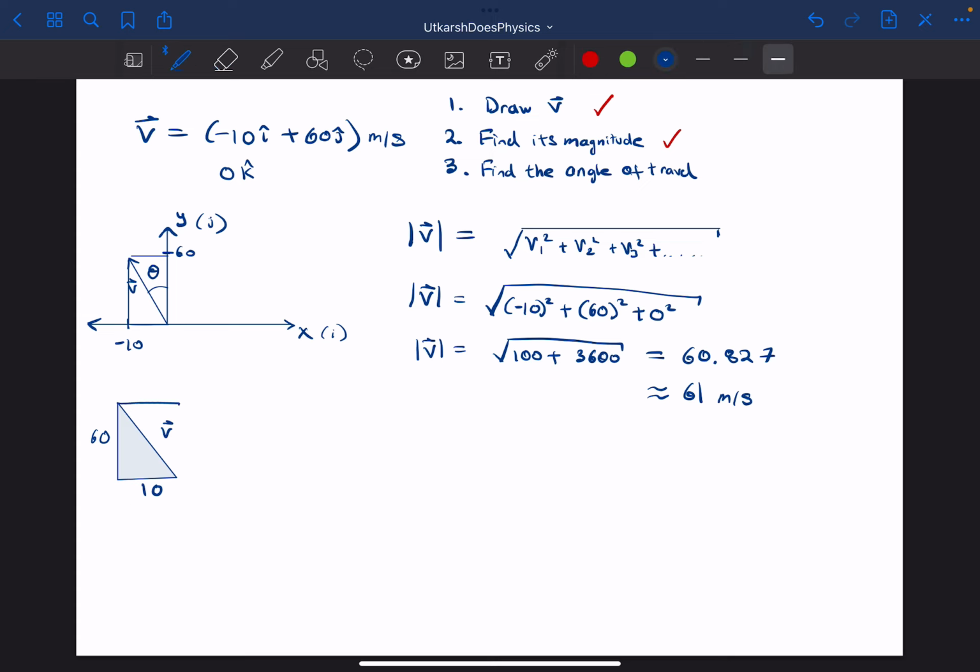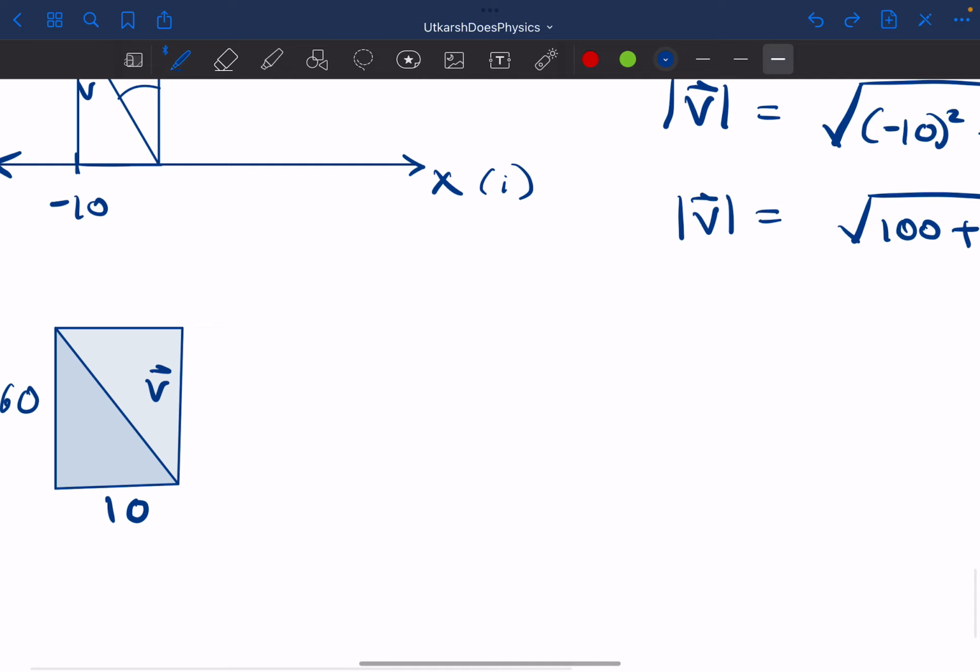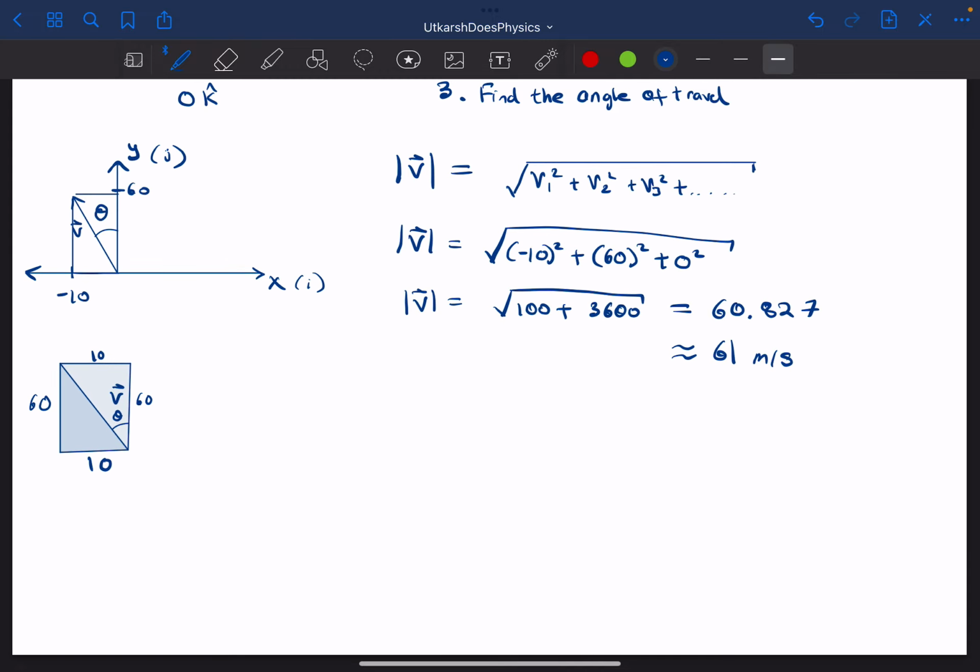So just finishing the triangle, we want this angle over here, 10, 60. So let's see, tan theta is equal to opposite over hypotenuse. No, it's equal to opposite over adjacent.